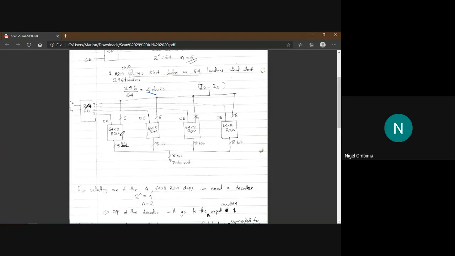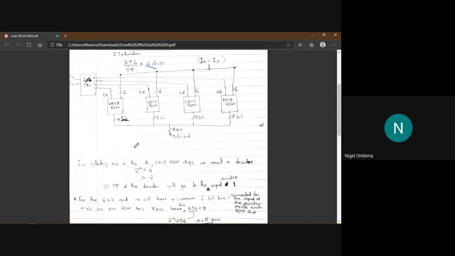So we need to select one of them to give us the data output. So in order to select one of the 64 by 8 ROM chips, we need another decoder now. The output of the decoder will be going to the enable inputs of the ROM chips in order to select which ROM to use.